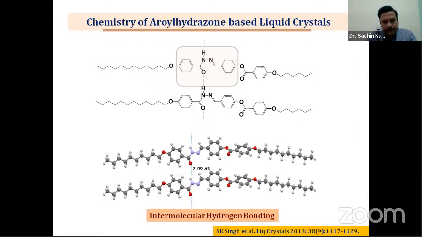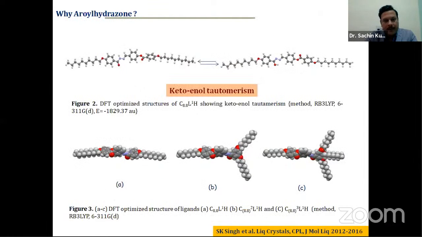Also, there is a possibility of keto-enol tautomerism. That means with small changes in the pH, there is a possibility of keto to enol tautomerism. We are showing only DFT optimized structures, but we have done many studies to explain why keto-enol tautomerism is there, what the parameters are, and what external environment can convert the keto and enol tautomers of these molecules on the aryl hydrazone core.